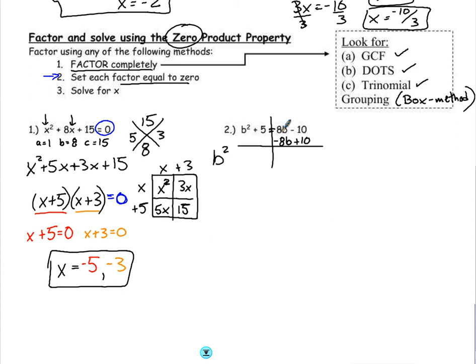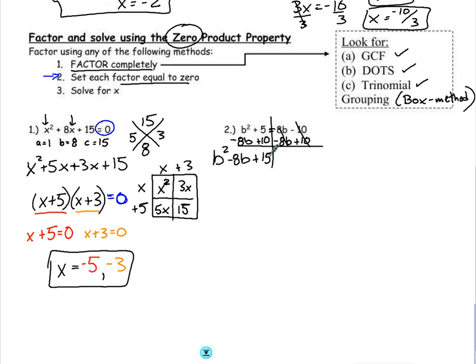But what I do to the left, I have to do to the right. No like terms, so that's going to stay right there. Negative 10 plus 10, they cancel out and become 0. And I'm going to also add 10 to the 5 that's on the left-hand side. 5 plus 10 is 15.